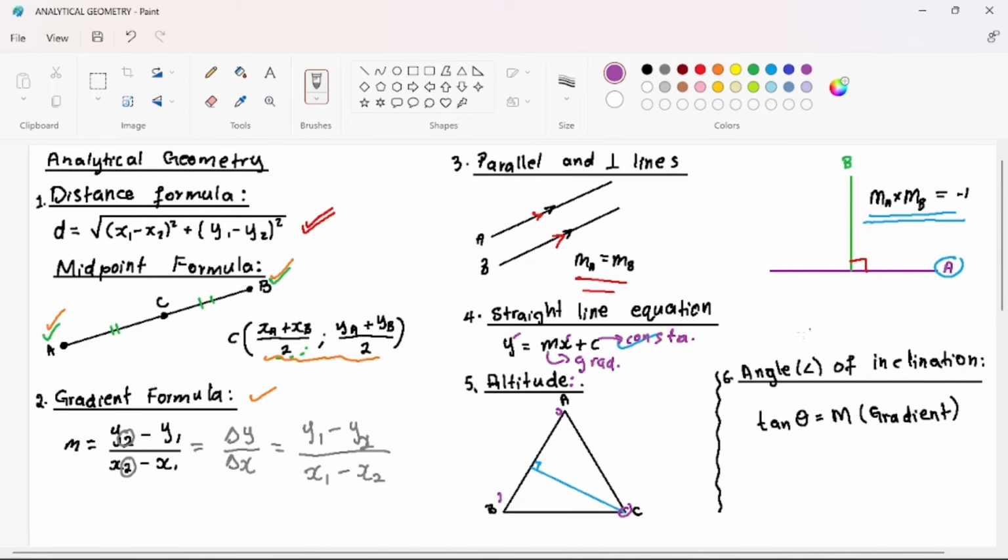So you should be alert. Let's say here we have D as our coordinate. You can just say the gradient of DC multiplied by the gradient of AP is equal to -1, right?